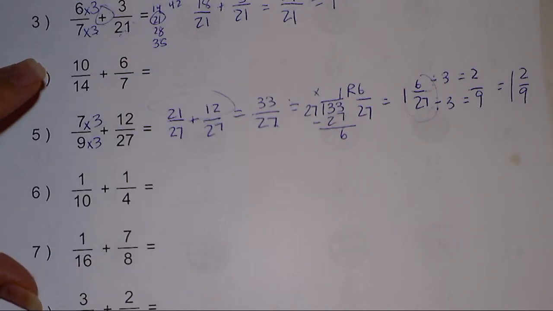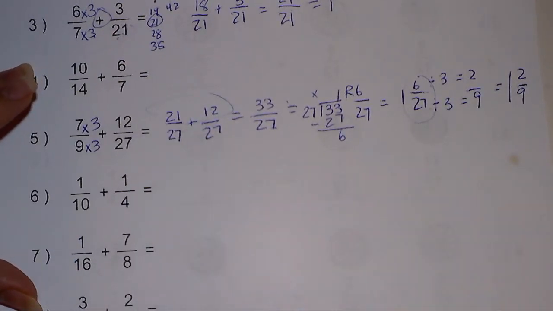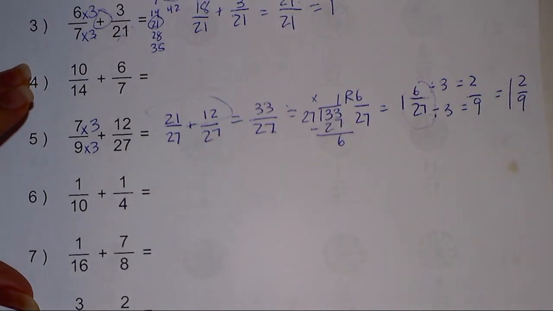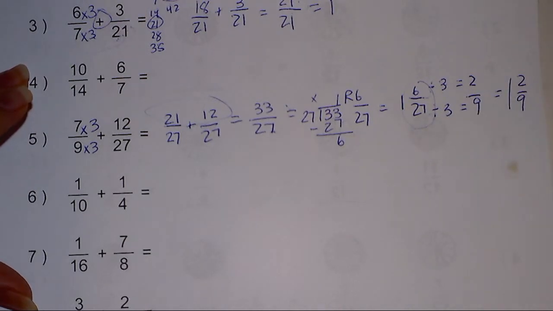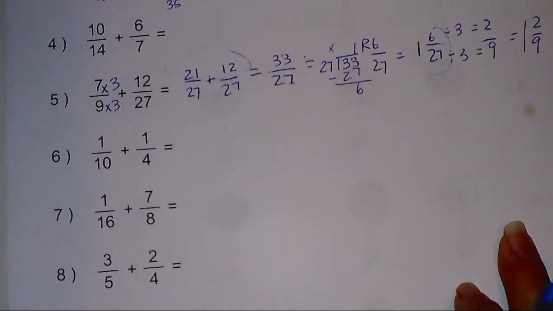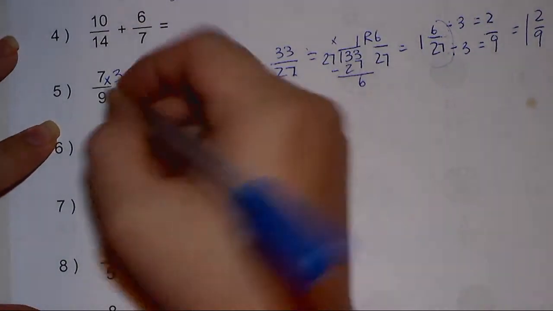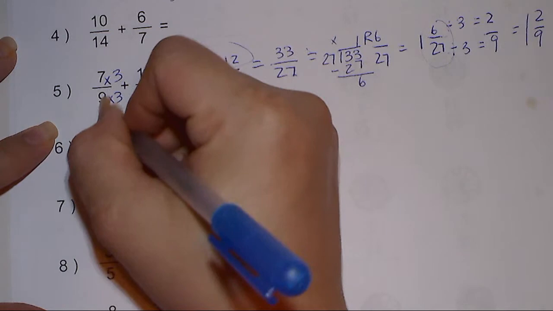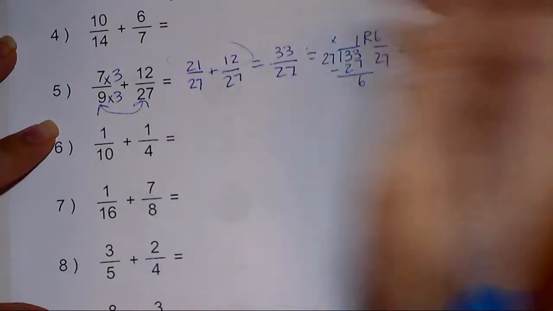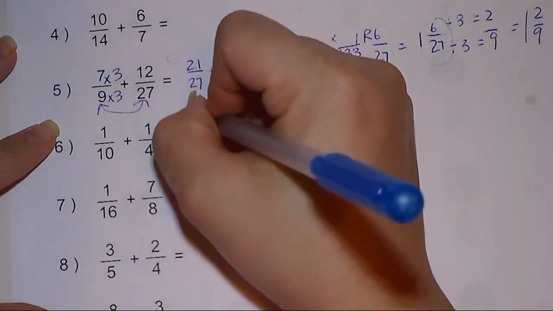Okay? So let's look at if I did not know. And this is going to be harder for some people because you're going into big number multiplication. But it is a surefire way. So if you don't know your multiplication table, you can multiply by each other. Okay? So I'm going to rewrite this.